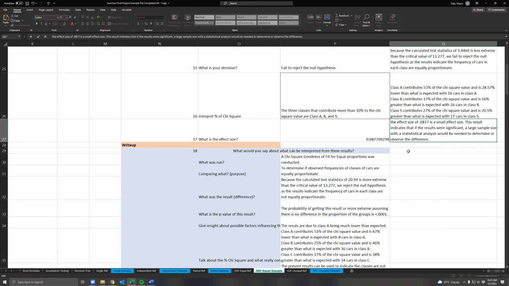So in other words, you would need a large sample size, and even then you'd barely even be able to see the difference.